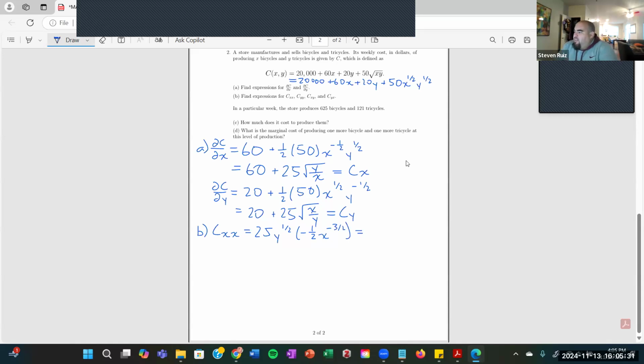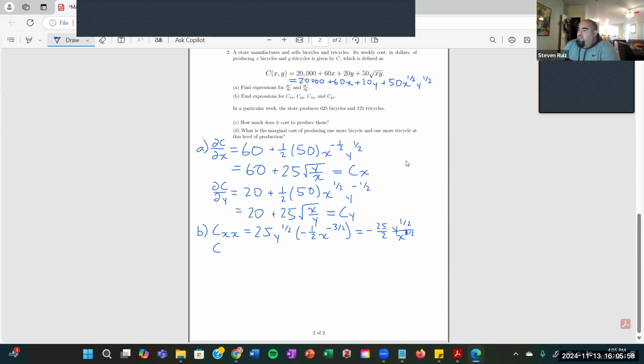And if I simplify all that, I get negative 25 over 2, and let's just keep all the exponents the way they are, times y to the 1/2 over x to the 3/2. So that's C sub xx.